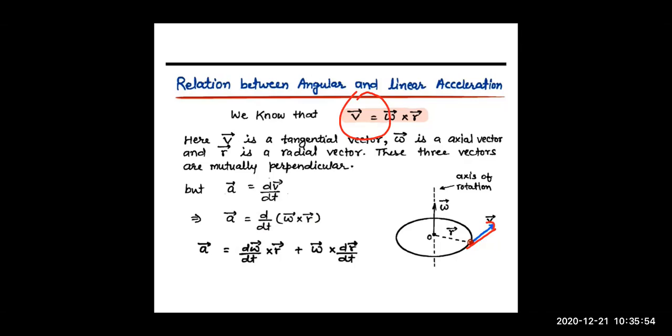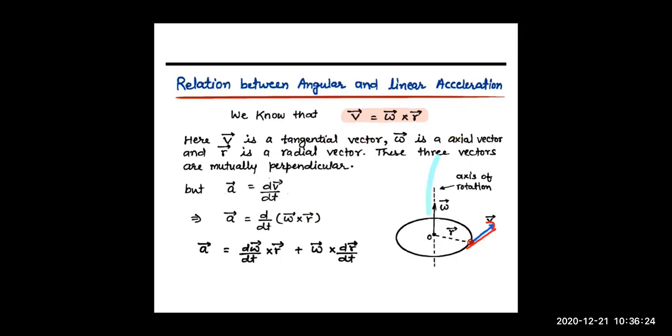So v is a tangential vector, and omega, the angular velocity, is along an axis. So omega is an axial vector, and the position vector, which is along the radius, is known as a radial vector. Now children, all these three vectors, that is v, omega and r, are mutually perpendicular to each other. Right.